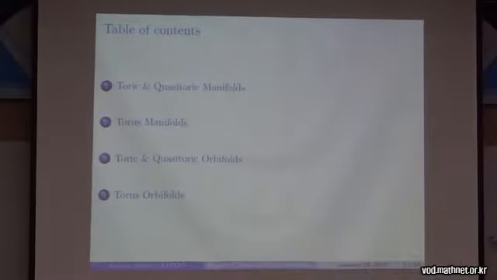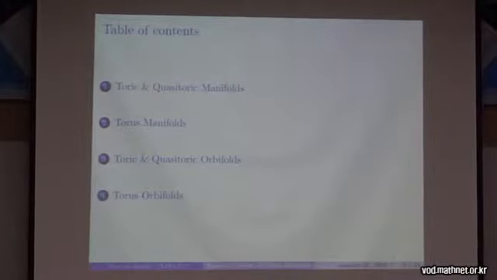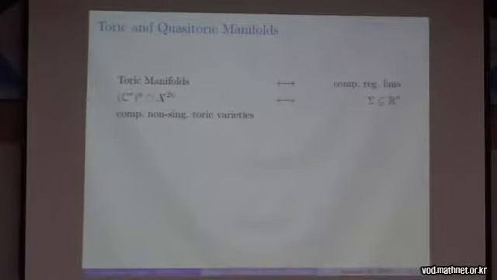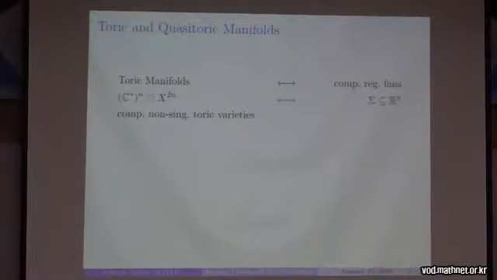So we begin by reviewing the well-known manifold cases so we can see the differences and similarities with the orbifold case as we progress onto that. So we start with these things that are sometimes called toric manifolds, which are defined as complete non-singular toric varieties, and they have attached to them some algebraic half-dimensional torus action, and they are in one-to-one correspondence with complete regular fans in Rn.